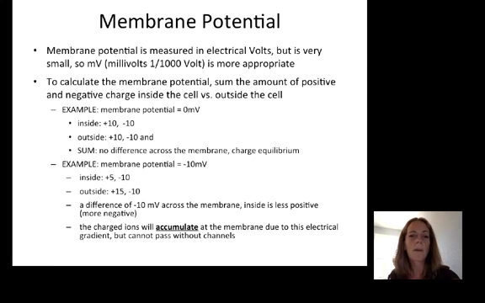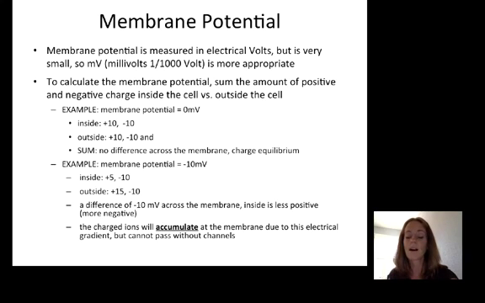Think back to our membrane transport lecture. What kind of molecules can get across a lipid bilayer? Only nonpolar, small, lipid-soluble molecules can get across the membrane. So these are charged, in other words, they are polar.